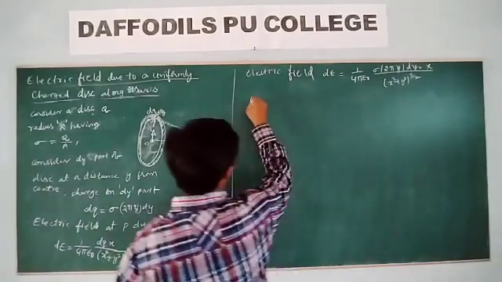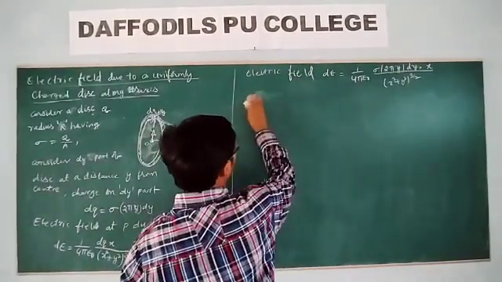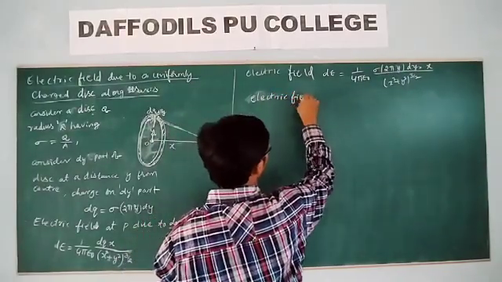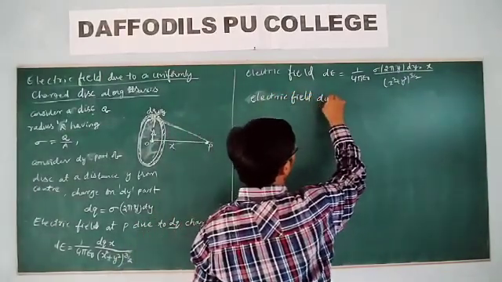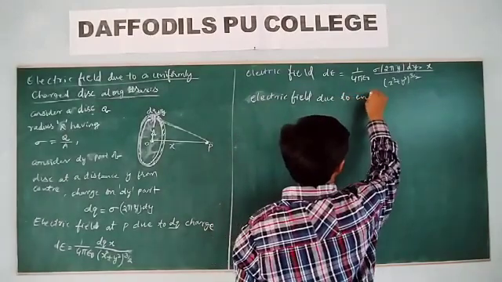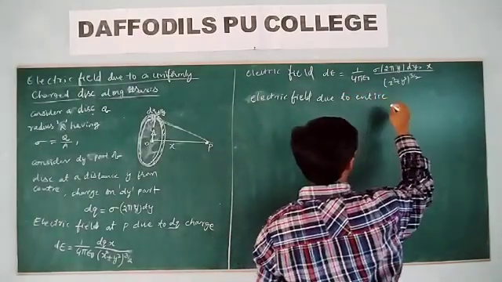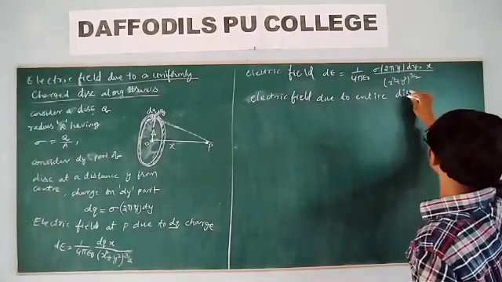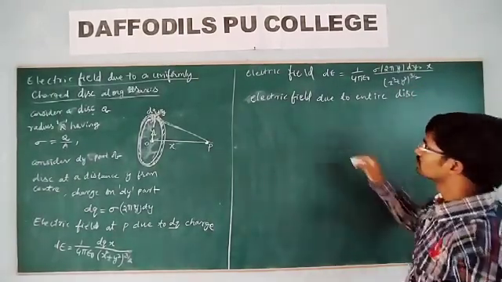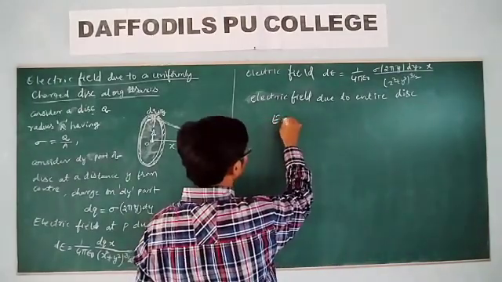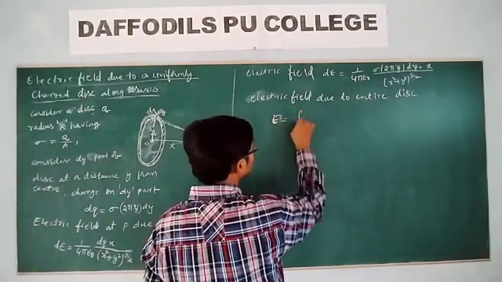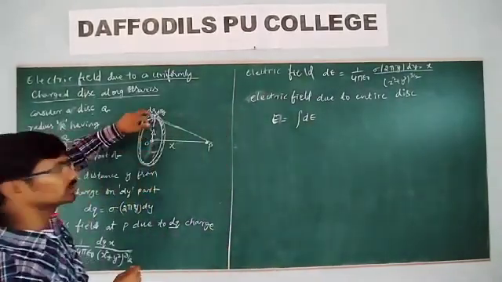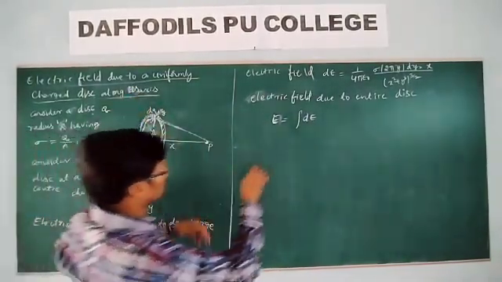Now, what is the total electric field? The electric field due to the entire disk, E, is equal to the integral of dE. What are the limits, from the center to the edge? That means 0 to r.